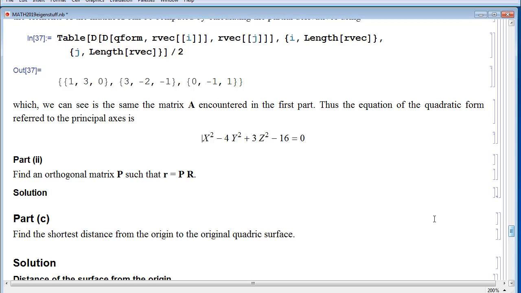So the next part is find an orthogonal matrix such that our coordinate vector is equal to some matrix P, which we're about to find, times the coordinate vector relative to the principal axes. So let's look at that solution.